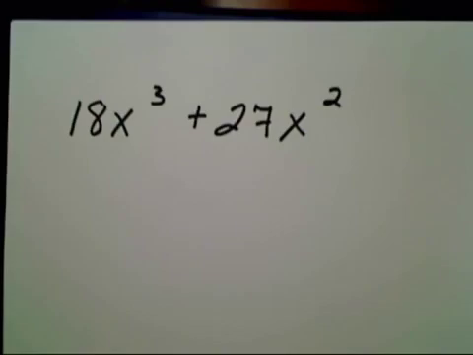In a problem like this, we want to know what goes into both 18 and 27. Now we could say that 3 goes into both of those. But 3 is not the greatest or the largest factor that they share. Think larger. Sure enough, 9 is the largest number that goes into both 18 and 27.